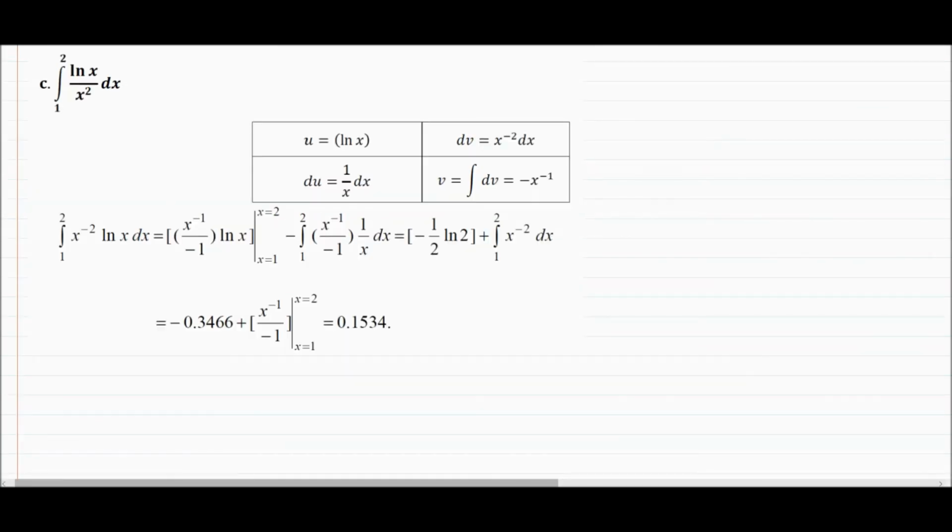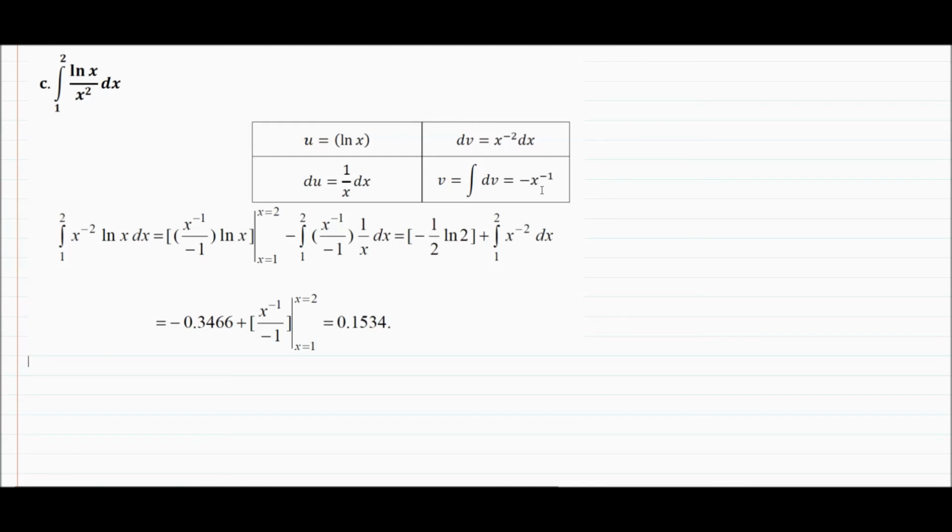And here, let's go to item C, integration from 1 to 2 of ln x over x squared dx. For sure, if you find ln, you have to use it directly as u. So if you take u as ln x, then du will be 1 over x dx, and dv is the other term, which is 1 over x squared, so it will be x power negative 2, so the integration of this one will be negative x power negative 1.